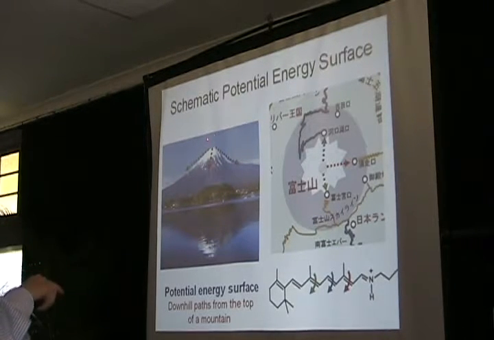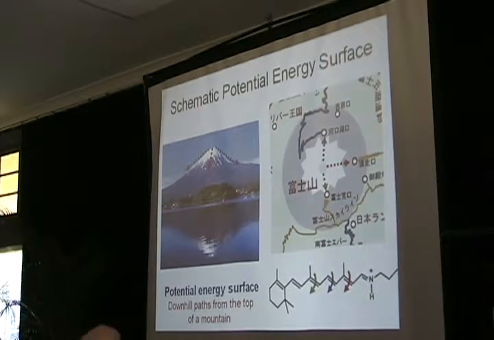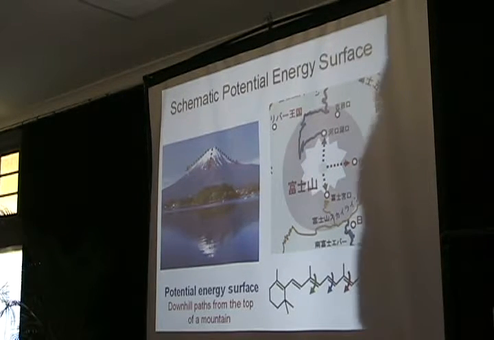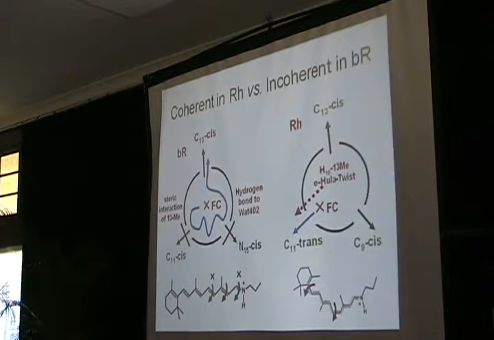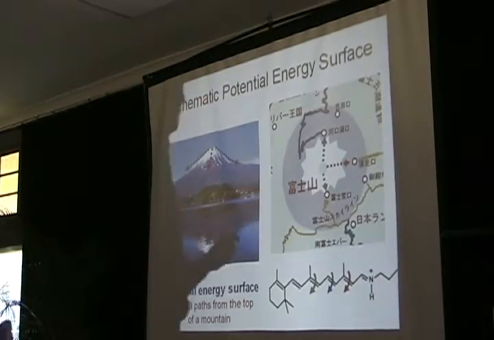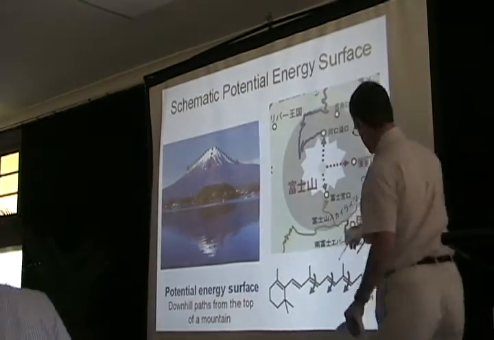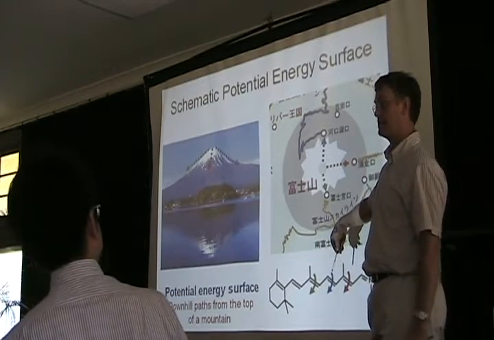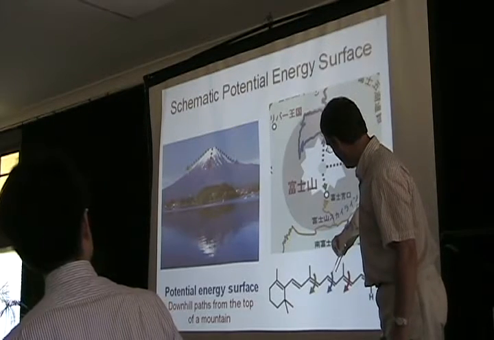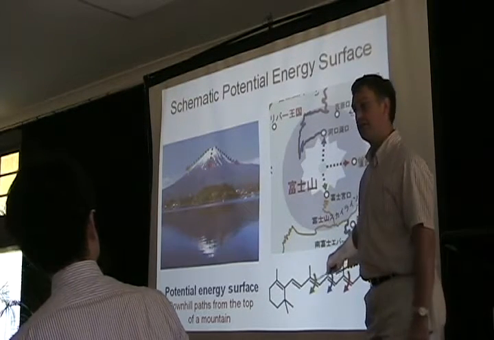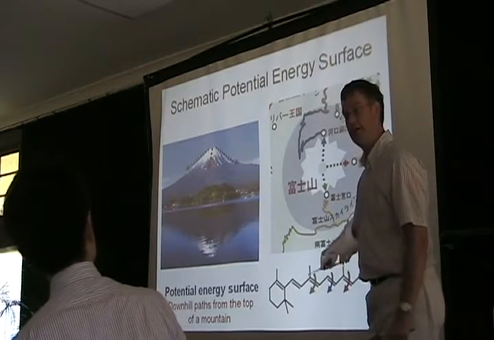For example, there are three paths to the base from the top, which virtually correspond to three paths for different conformations. From an organic chemistry point of view, you have a cis isomerized into a trans, so that's a low energy pathway. Here you have a trans, and if you isomerize that, it goes to cis, so that's a higher energy pathway.